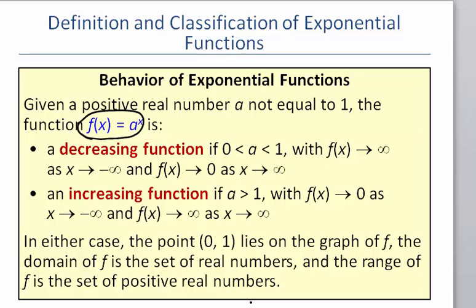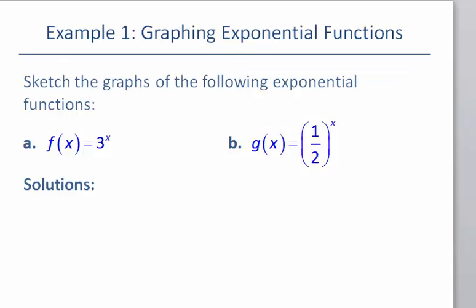So let's look at two examples where we're going to graph. First we're going to start with f of x is equal to 3 to the x. You want to ask yourself, what is playing the role of the a? In this case, a is equal to 3.